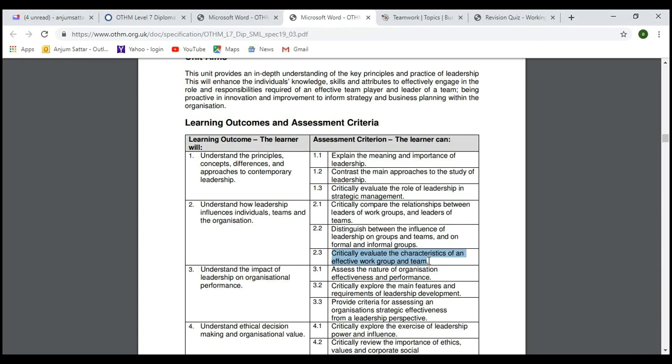Then we can make a future plan, and the leader can play a significant role. All this we discussed today, covering 2.1, 2.2, and 2.3.